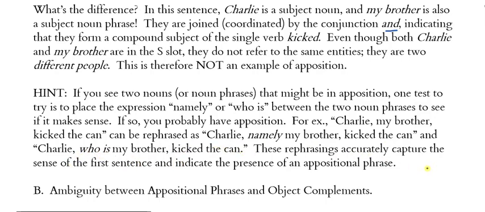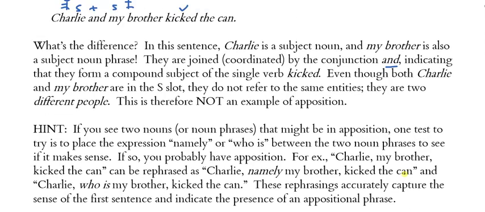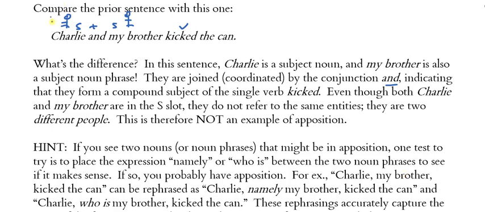These rephrasings accurately capture the sense of the first sentence and indicate the presence of an appositional phrase because we understand that sentence to indicate that Charlie and my brother are in fact the same person. On the other hand, just using this test, if I said Charlie, namely, and my brother kicked the can, that wouldn't make any sense. And the reason it doesn't is that this is not an example of apposition.